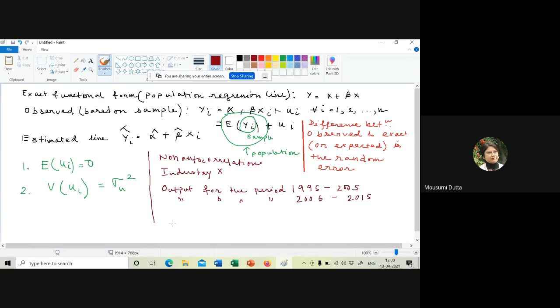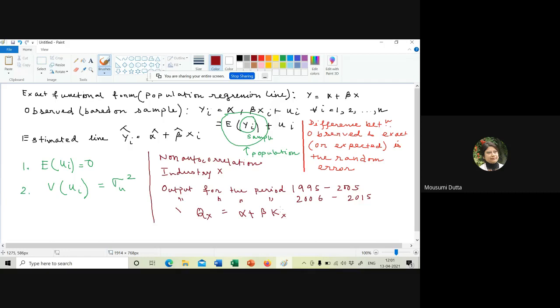Forget about a Cobb-Douglas type function. I'm considering a framework where the output of the X industry depends on the capital we are investing in industry X, so alpha plus beta Kx.